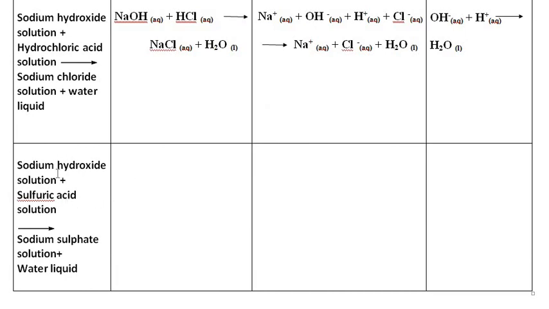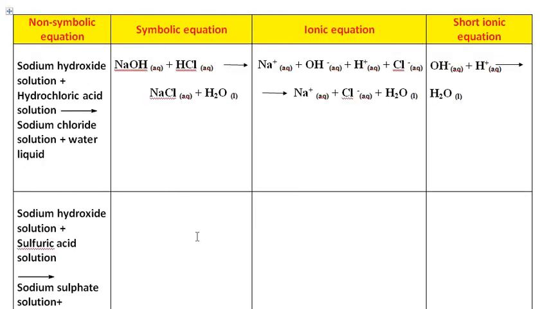In this way we can make another example: sodium hydroxide and sulfuric acid. In the same way, sodium hydroxide NaOH, plus sulfuric acid H2SO4 and an arrow, sodium sulfate Na2SO4 plus liquid water H2O. Then we balance this equation to get the symbolic equation.